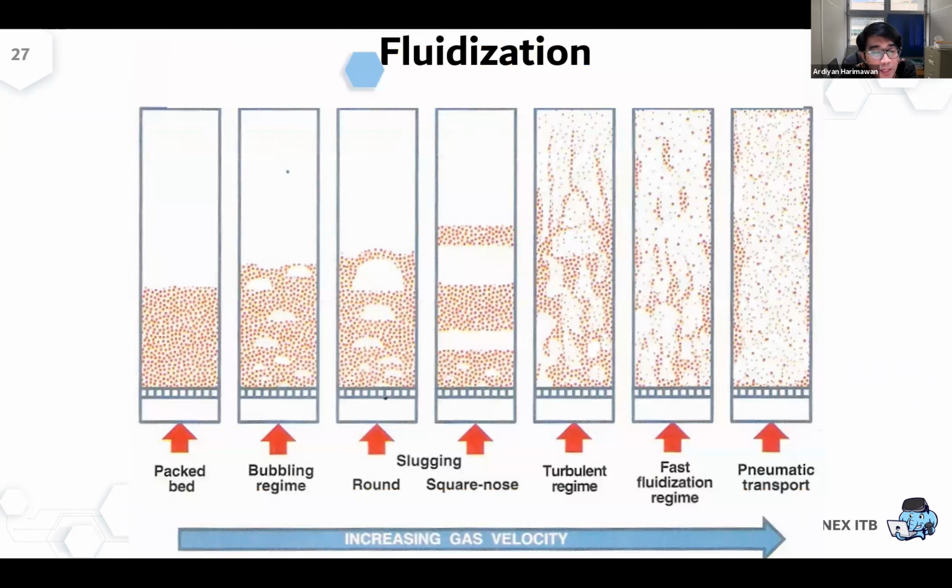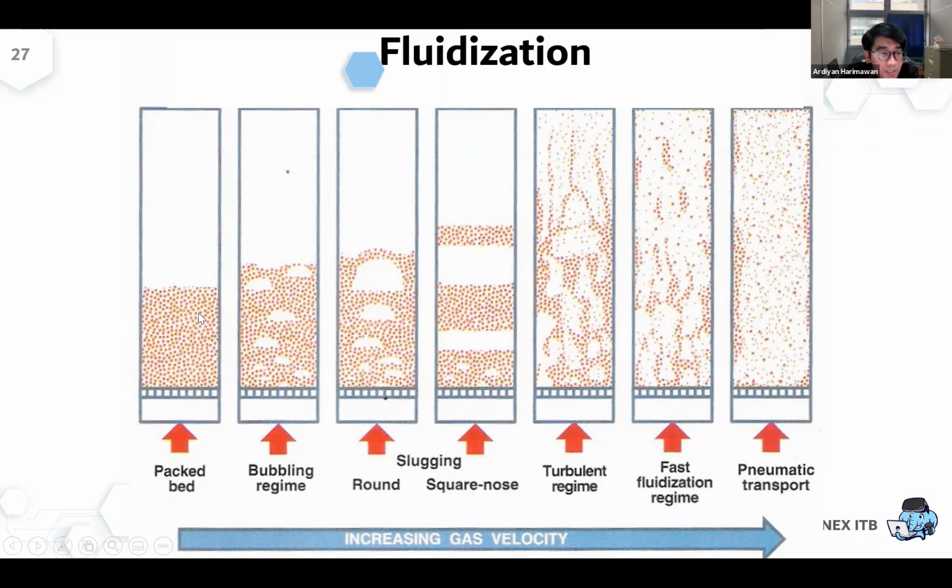Okay, this is an example of fluid flow with particles. We call it fluidization, and these figures represent the different behavior of the particles.